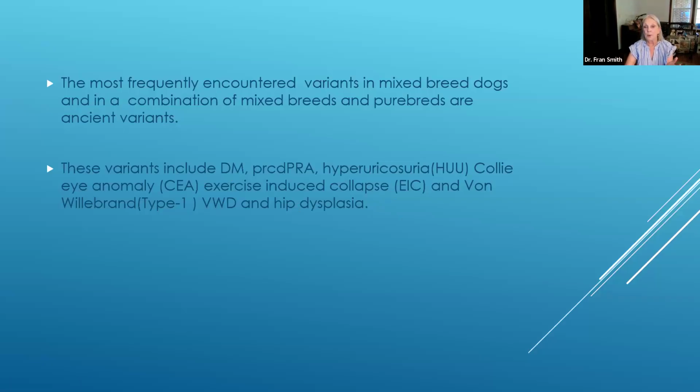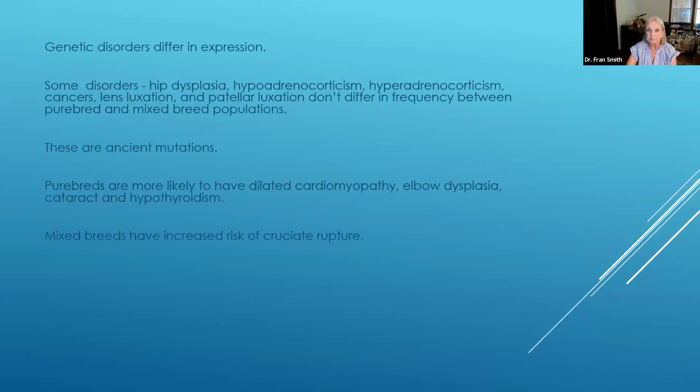So that means all of our mixes, as well as all of our purebreds, share a genetic basis for those diseases. Now, in our purebreds, we have made a huge effort based on phenotype, which is how we have to screen for that, to improve hip quality by breeding normal dogs. Genetic disorders differ in expression. Some, hip dysplasia, hypo and hyperadrenocorticism, which are also known as Addison's disease and Cushing's disease, cancer, lens luxation, and patellar luxation do not differ in frequency between purebreds and mixed breeds.